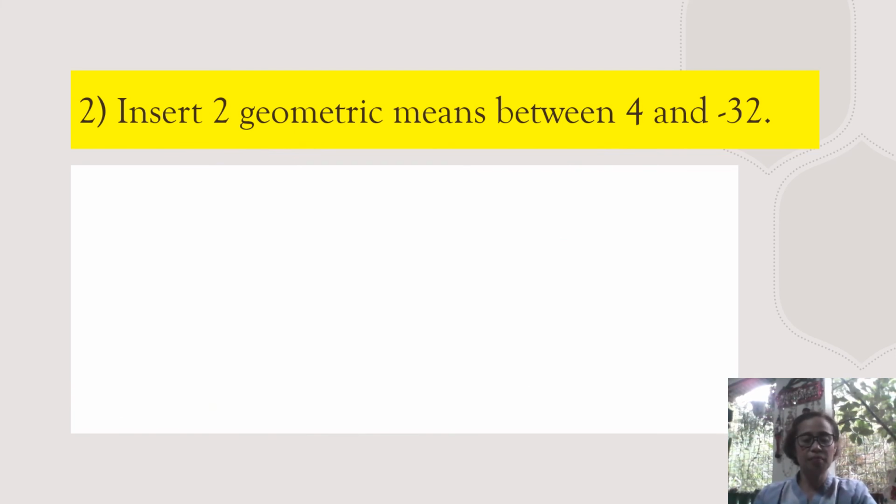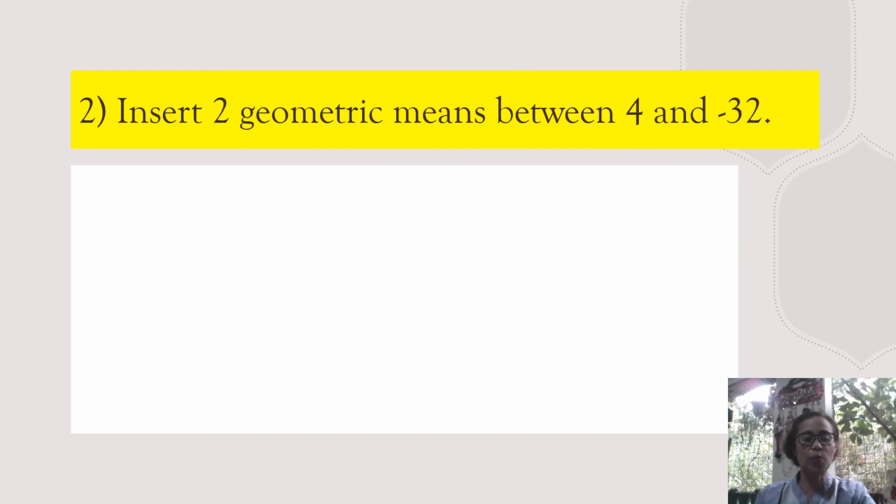This time, the question is, insert two geometric means between 4 and negative 32. It's indicated there that you have to insert two geometric means between 4 and negative 32.